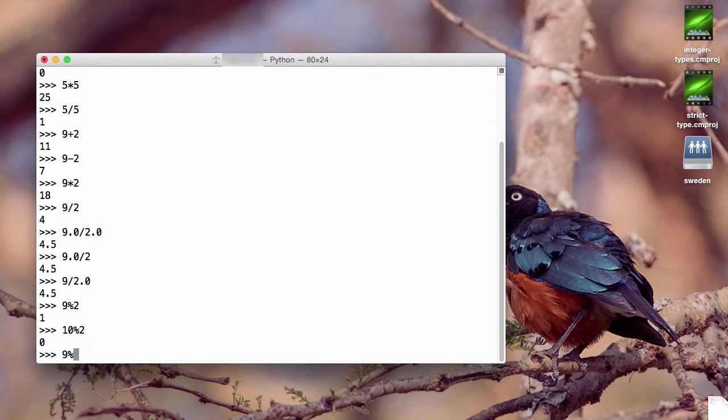If we do 9 % sign 3, we get a 0. If we do 9 % sign 4, we get a 1. So what is this? What is the pattern? There is a pattern. If we do 9 divided by 2, we get 4. But if we do 4 times 2 to check the work, I mean, obviously we know it's wrong, but just to prove it, we get 8, right? So what is it off by? It is off by 1.